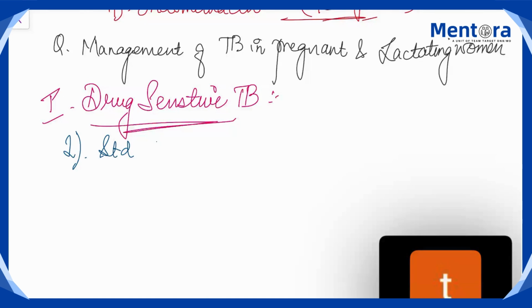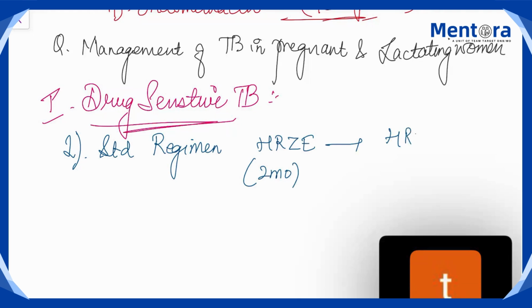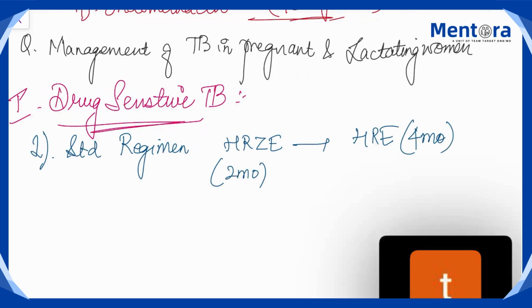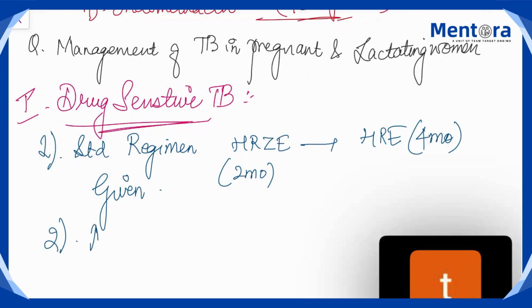So, standard regimen, that is HRZE for 2 months, followed by HRE for the next 4 months. This can be given. But don't forget to add pyridoxine also in pregnant females.